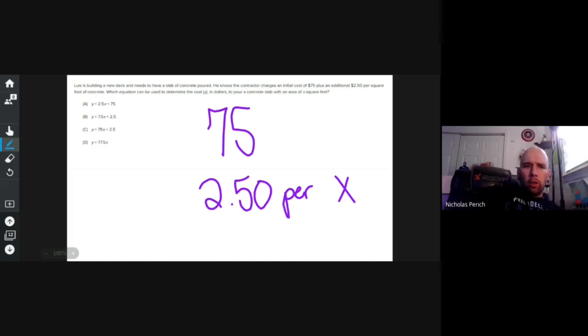So if he charges us $75 straight up, that's the only one that it can be. And then since we add 250 per x, that's it right there too. No strings attached.